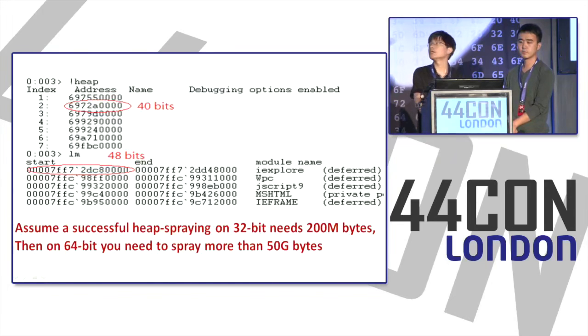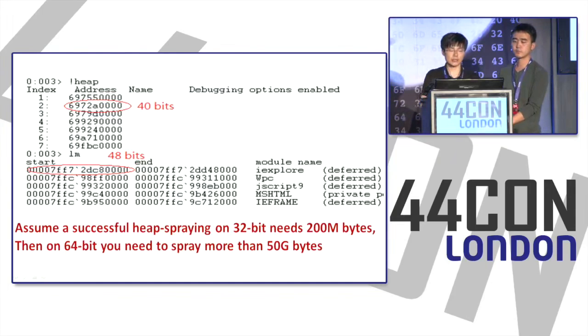As you can see, in 64-bit Internet Explorer on Windows 8.1, the user mode heap uses 44 bits as heap address, and that means, assuming a successful heap spray on 32-bit needs 200 megabytes, then on 64-bit you may need to spray probably more than 50 gigabytes. That's impossible on a normal PC.